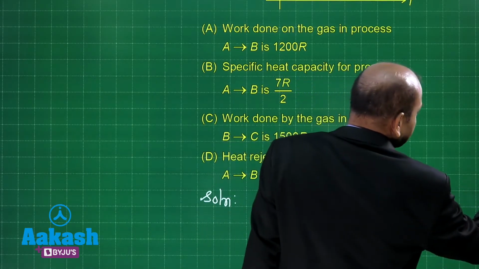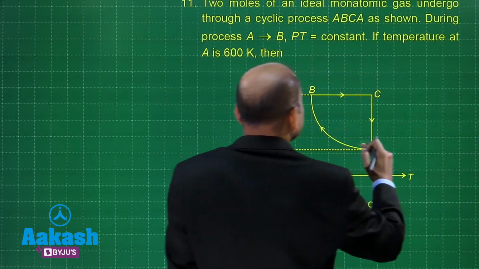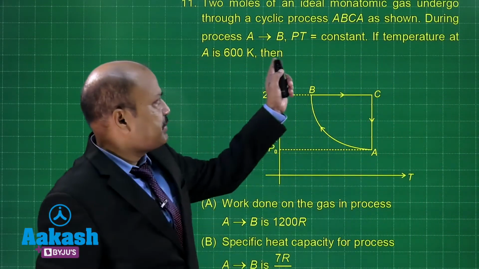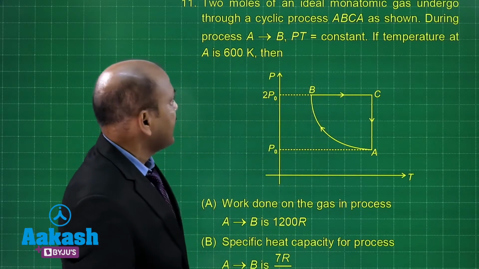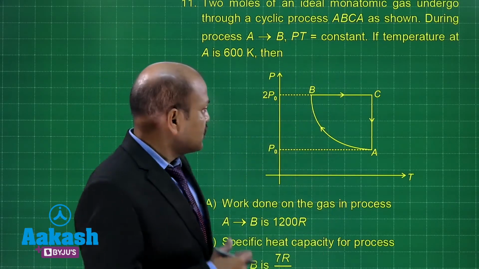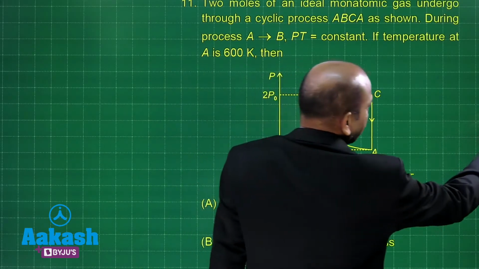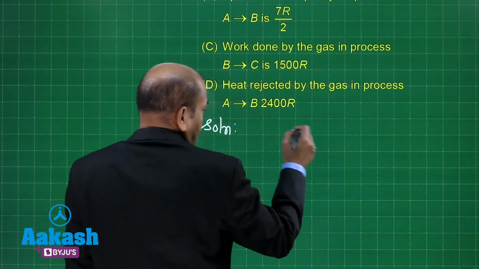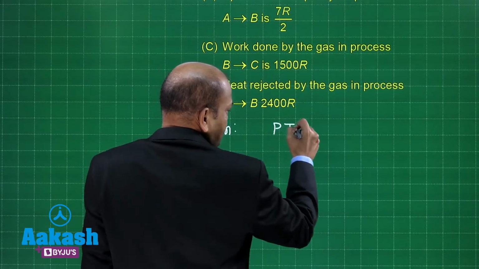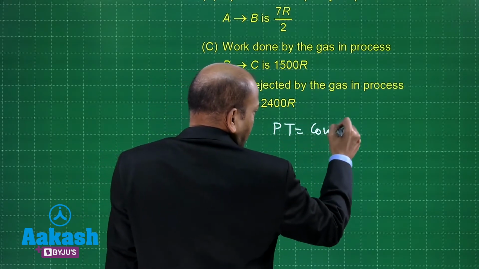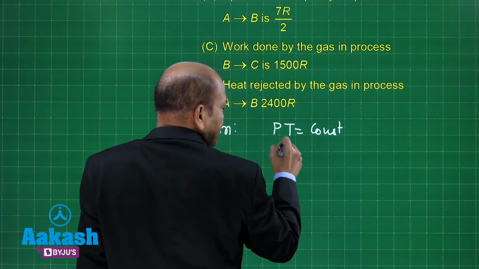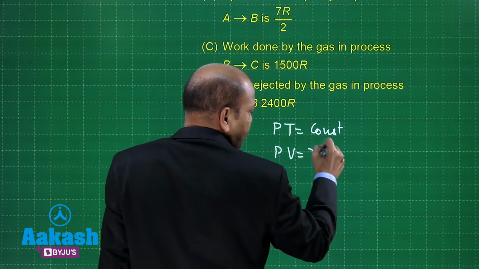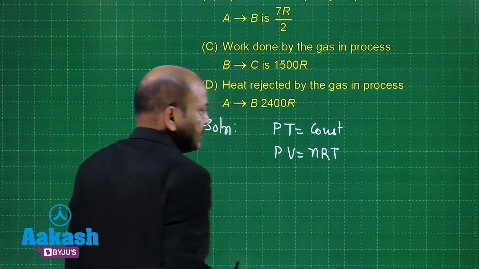The graph AB follows the equation Pt equals constant, and it is an ideal gas, so we shall combine it with the ideal gas equation. Pt equals constant is given, and PV equals nRT we can always apply for an ideal gas.